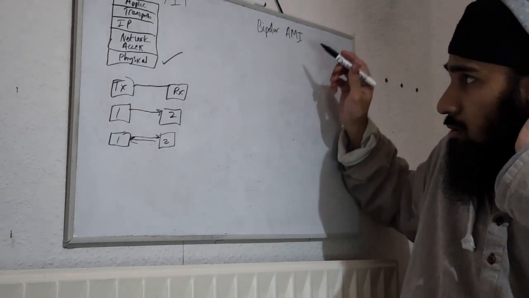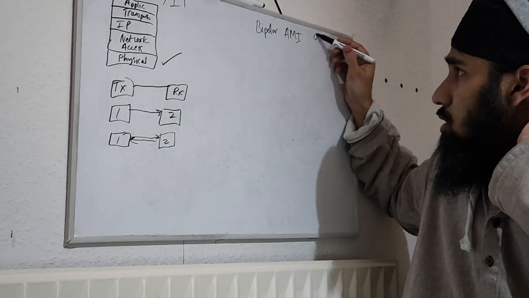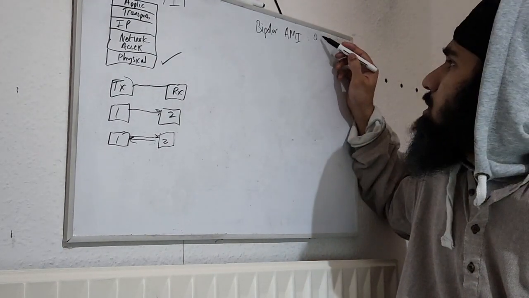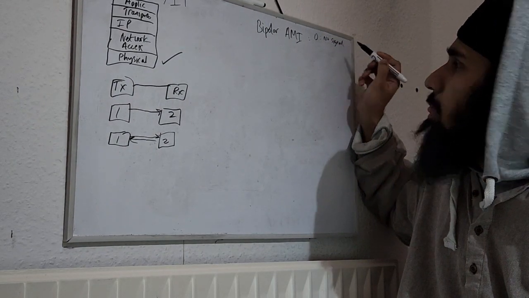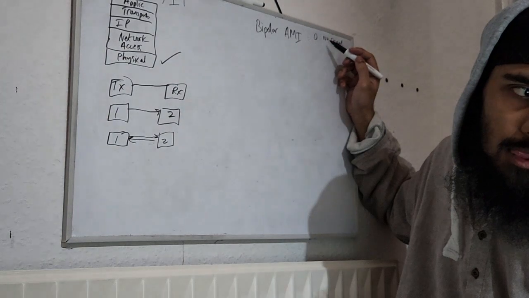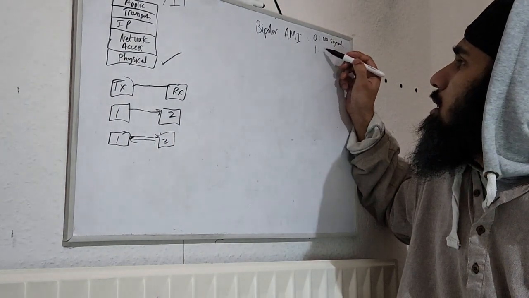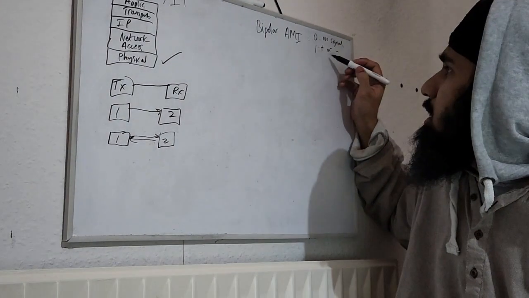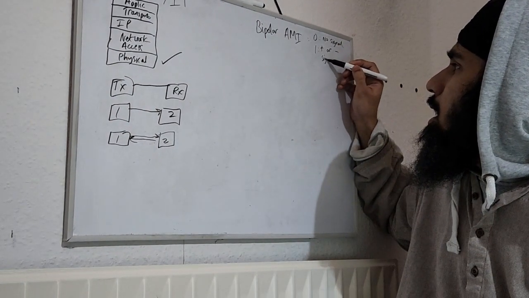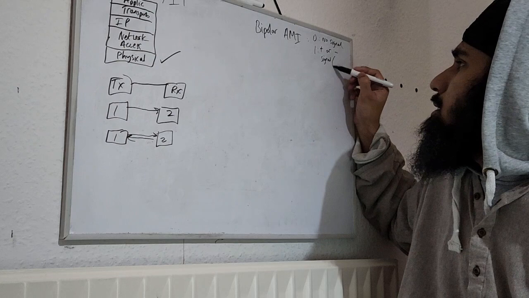So what you have is that 0, if you're sending a 0, that's no signal, and 1 is a positive or negative signal, and it must alternate.